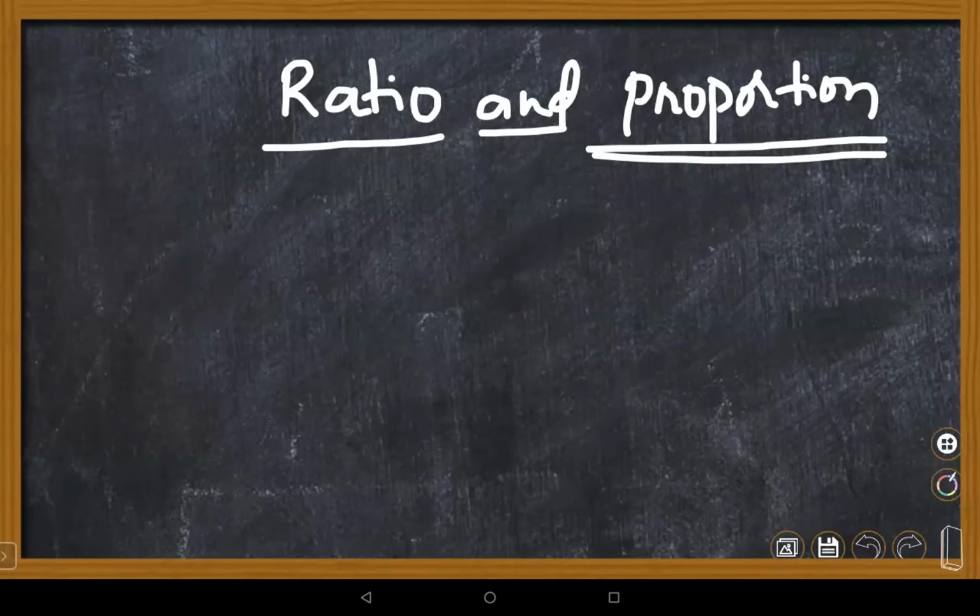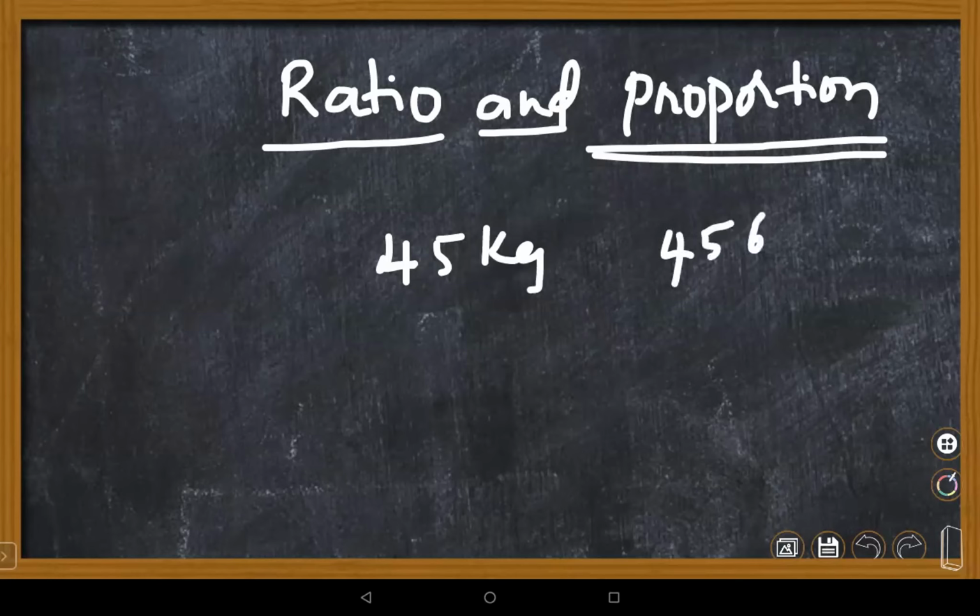Don't worry about that. When we compare two quantities of the same kind, suppose height or weight, whatever you are comparing with your friends, right, children? For example, I'm taking the weight of one student as 45 kgs. Another student's is 45,650 grams.